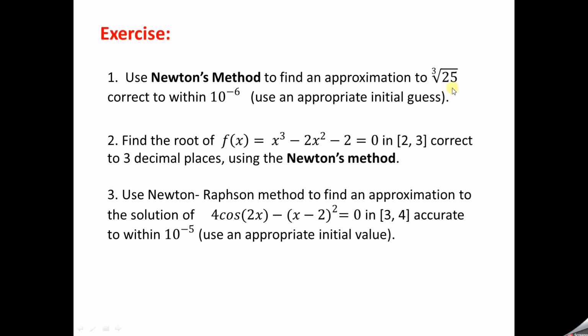To find this value, first we form the equation by letting this equal to x. Once you get the equation, you put it in the general formula and find successive approximations accurate to within 10 power minus 6. Similarly, the other two problems. So you try to do these two problems. So this is the end of this presentation, which is about Newton's method.